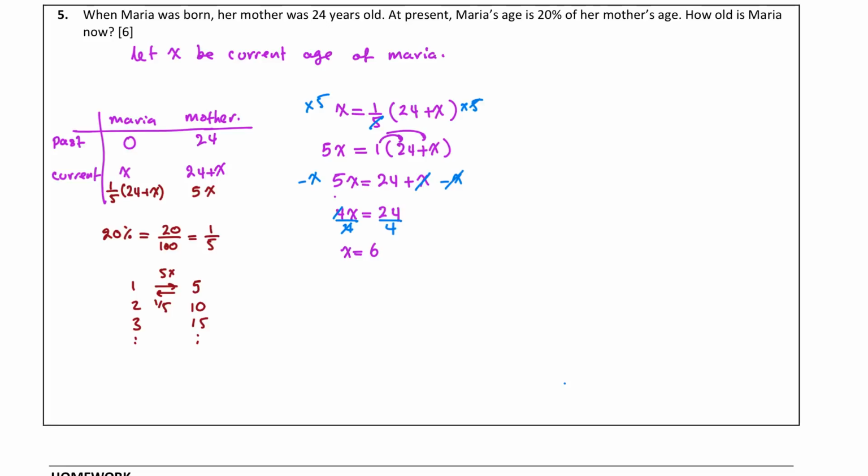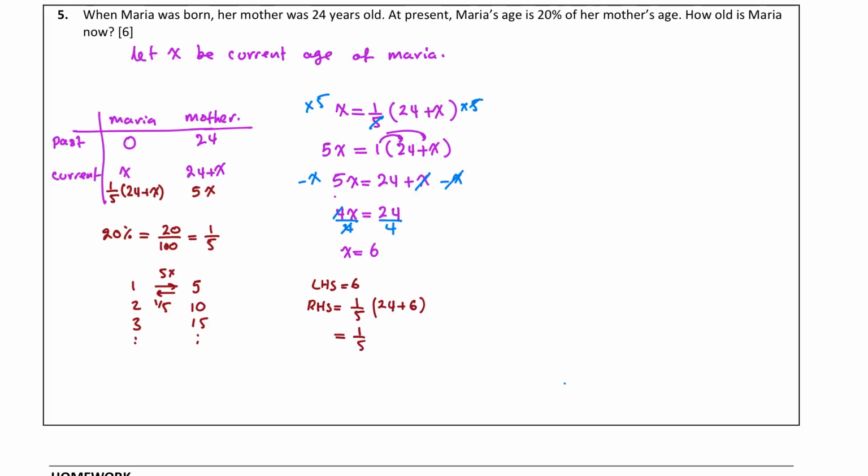Now, let's check to see if this works. So my left hand side is x, which is equal to 6, and my right hand side is equal to 1/5 of 24 plus x, which is 6.